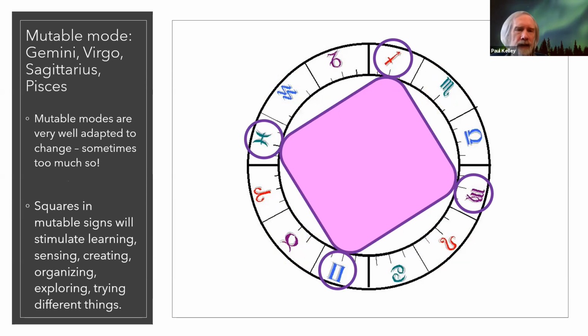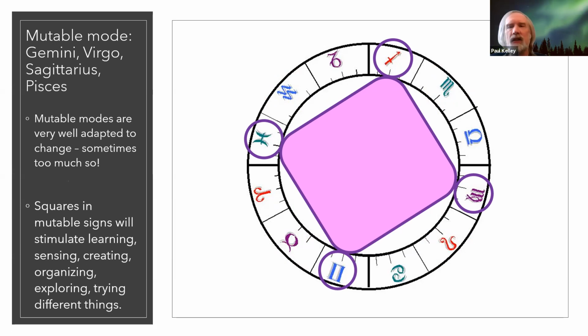Mutable mode, these are very well adapted to change. You might think right off the bat that mutable modes would be great for working out conflicts, but unlike a cardinal mode, mutable mode changes so much it may simply distract itself from the conflict rather than working it out.